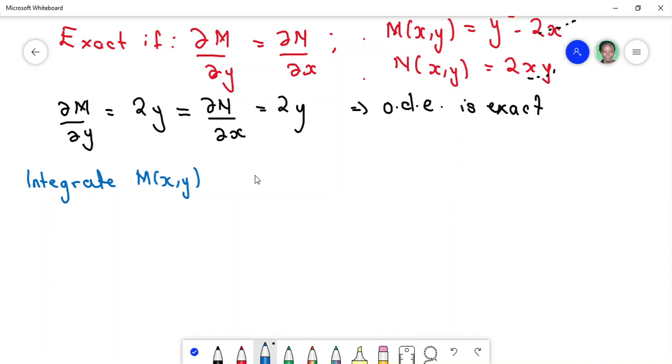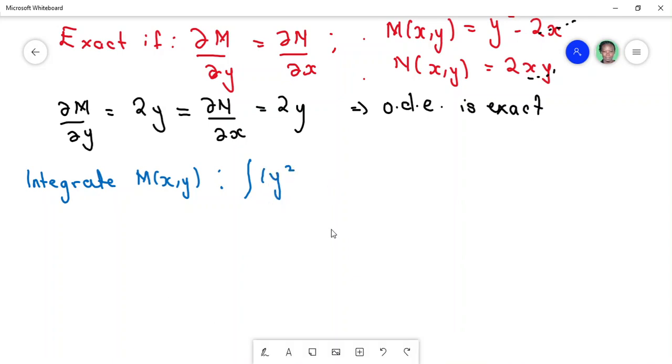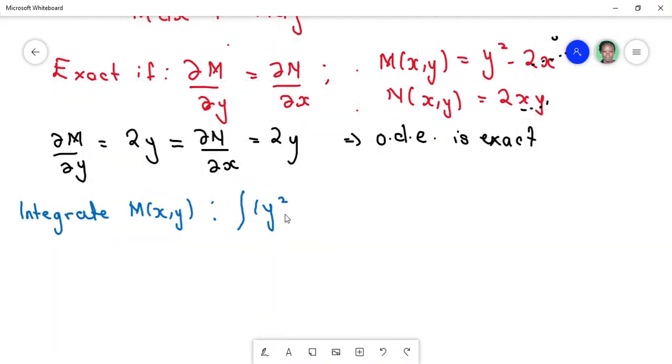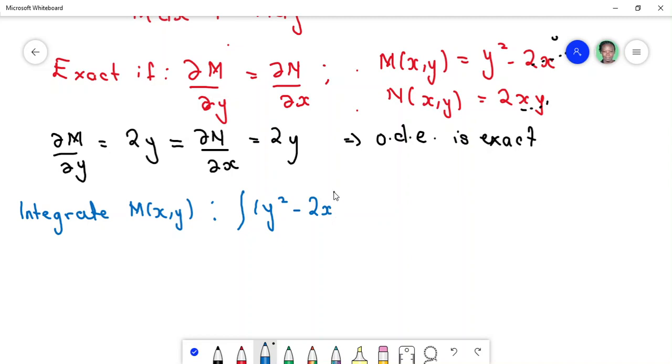If I do that, I have the integral of y squared minus 2x dx. If I integrate this, what do I have?